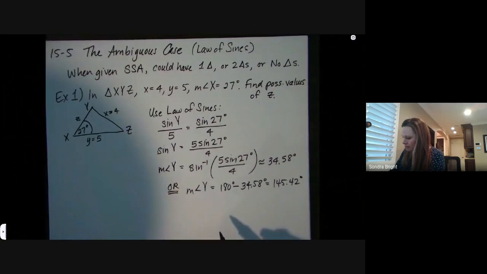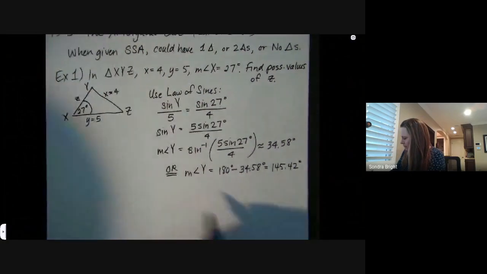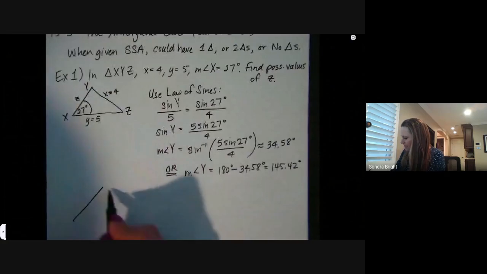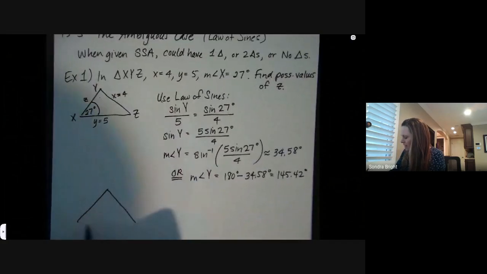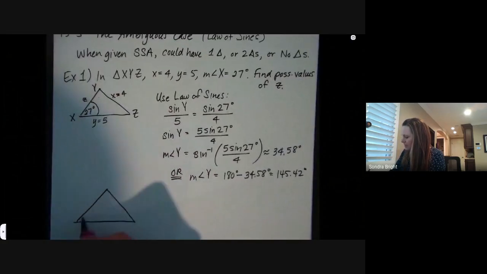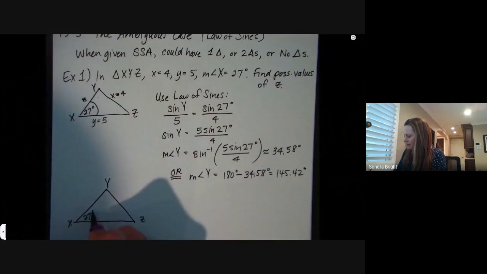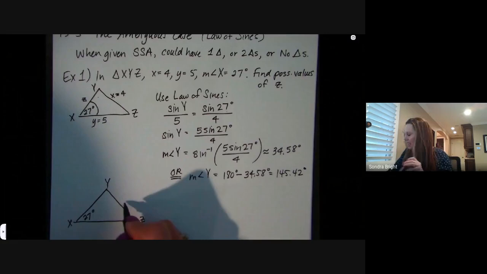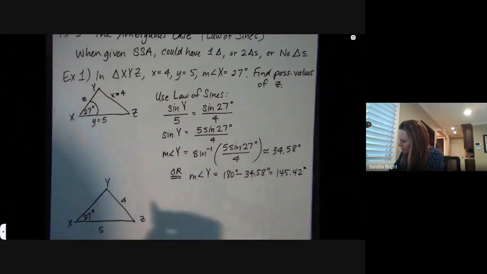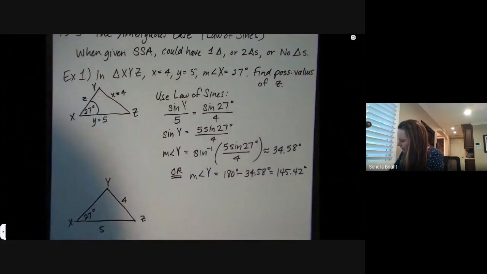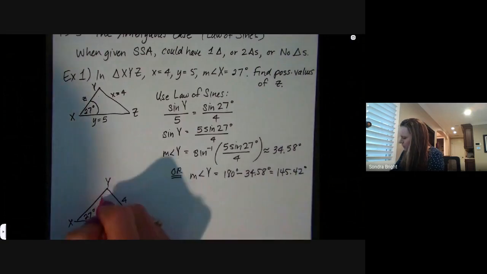The original one, where they gave me X, Y, Z, they gave me 27 degrees, 4 and 5 here. And the angle I just found for angle Y would have been 34.58 degrees. So there's 1 triangle.